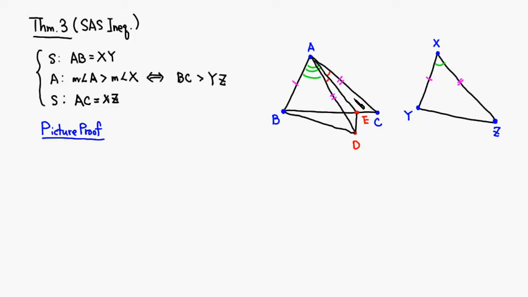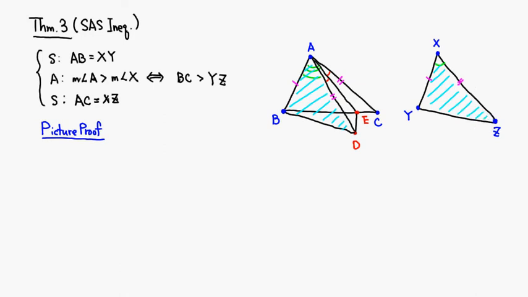All right, let's look at a couple of pairs of congruent triangles. I'm going to look at triangle ABD. This is going to be congruent to triangle XYZ because of side angle side.